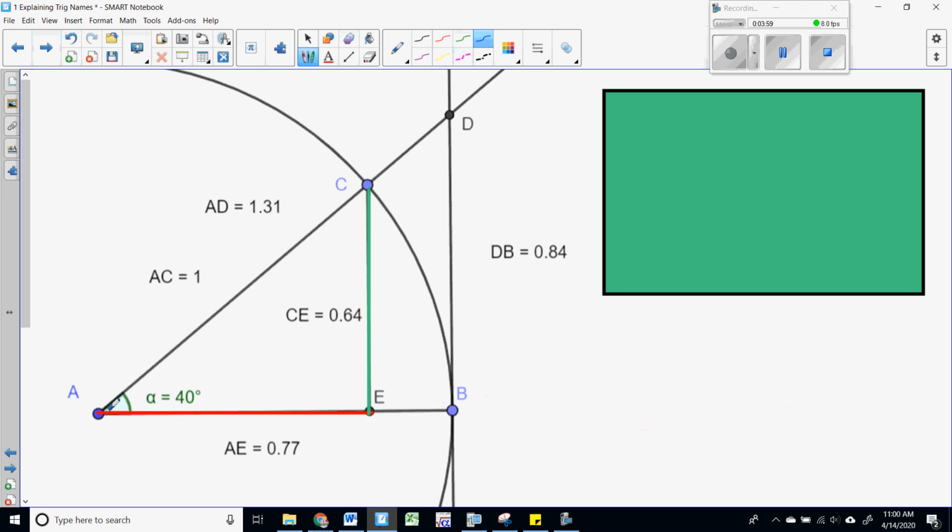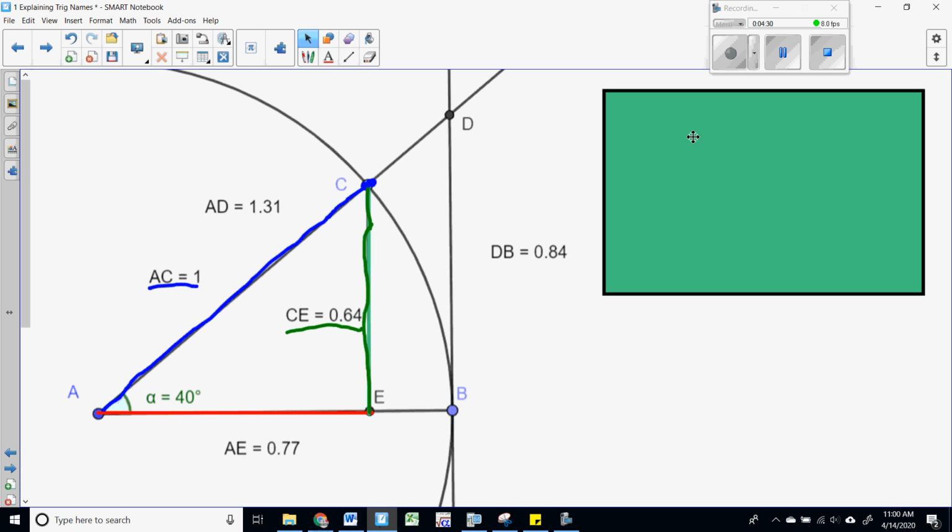So here I have a unit circle. I did this in the Geometry Sketchpad program, GeoGebra, and the radius of this circle is 1. So that's my AC. So we are on the unit circle. If I look at my point C, we know that the sine of C is just the y coordinate. That is this y coordinate here. You can see I have this set at 40 degrees, and when I measured this I got 0.64.